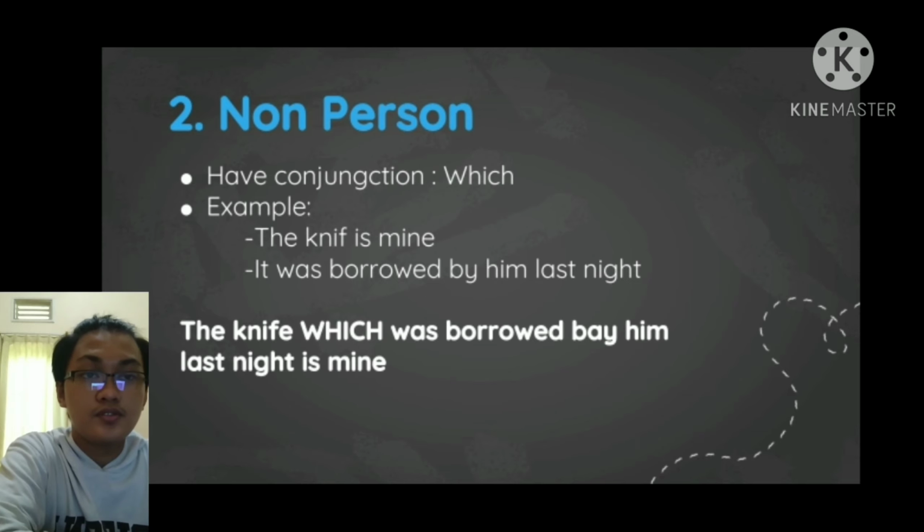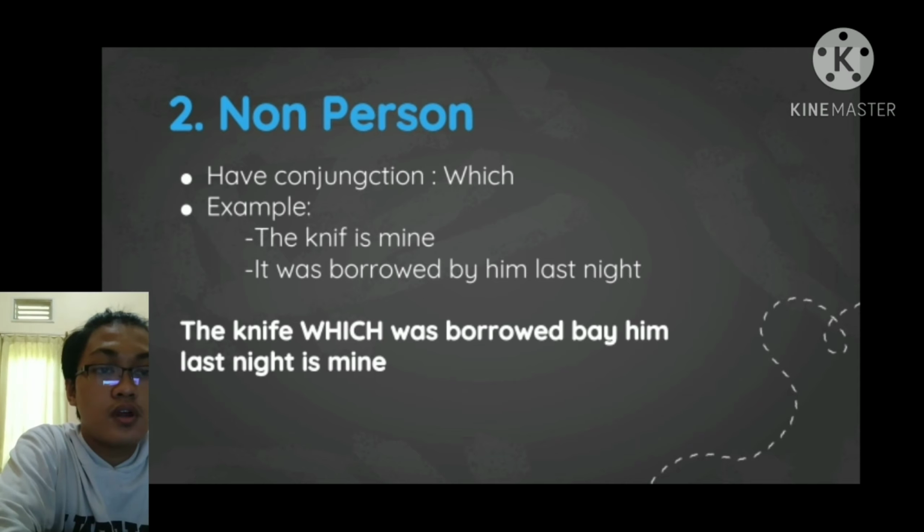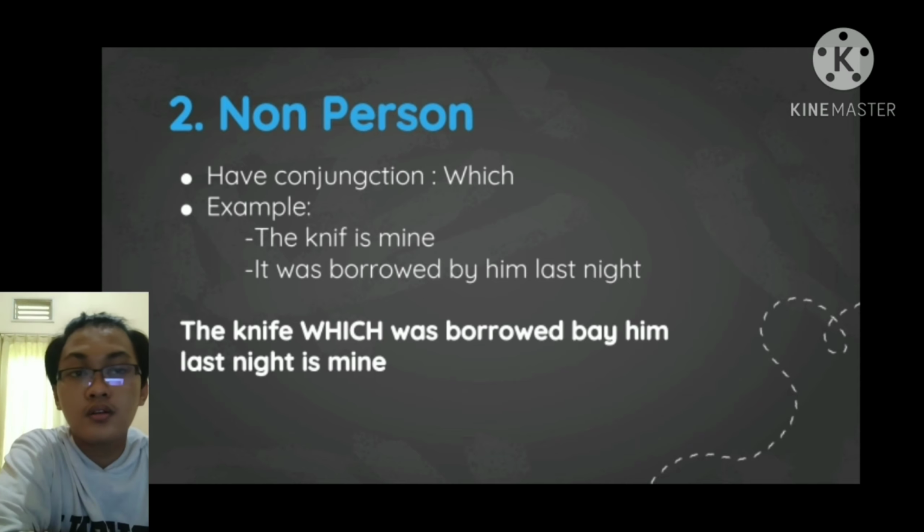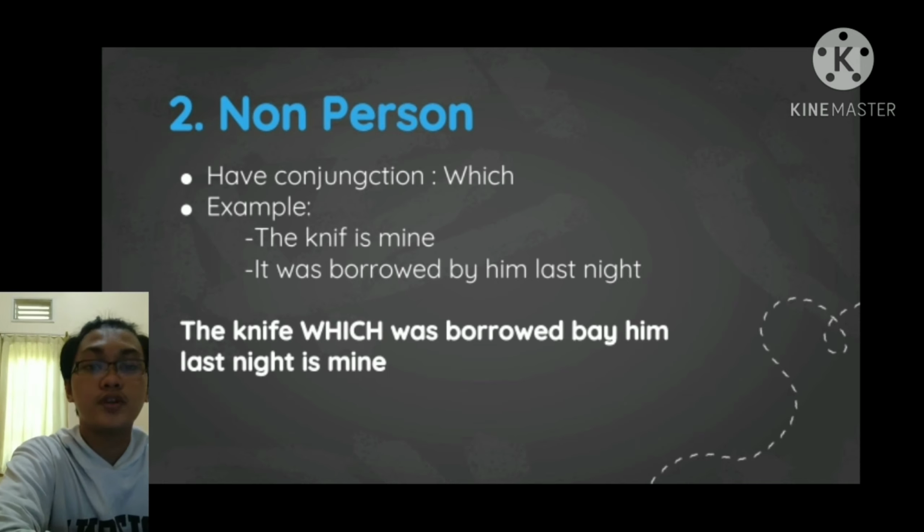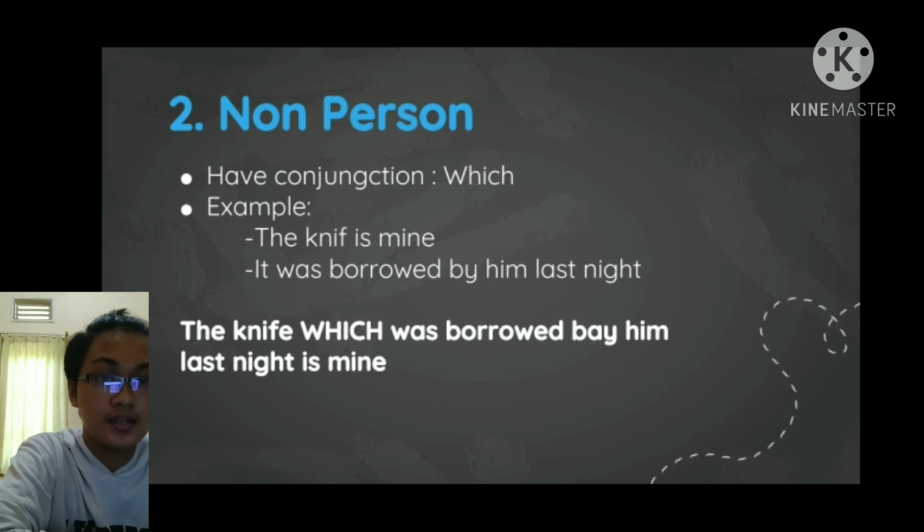In example 2, non-person, the conjunction which is used to describe things other than people. In the first sentence we use the knife is mine. In the second sentence we use it was borrowed by him last night.